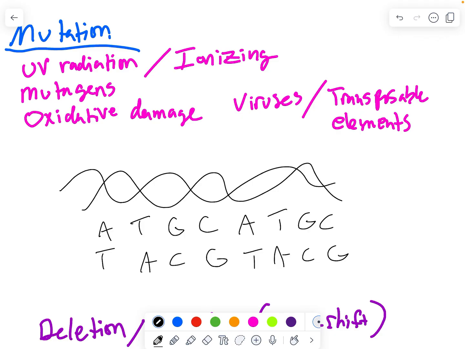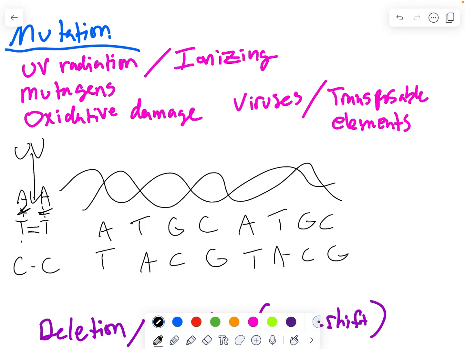In essence, places where we have adjacent pyrimidines, for example a thymine and a thymine, or a cytosine and a cytosine, we have the opportunity to lose the hydrogen bonds across from those pyrimidines, and we have a dimer that forms with those adjacent pyrimidines. So ultraviolet radiation causes that to happen, which creates problems for DNA replication, which we'll talk about in a minute.